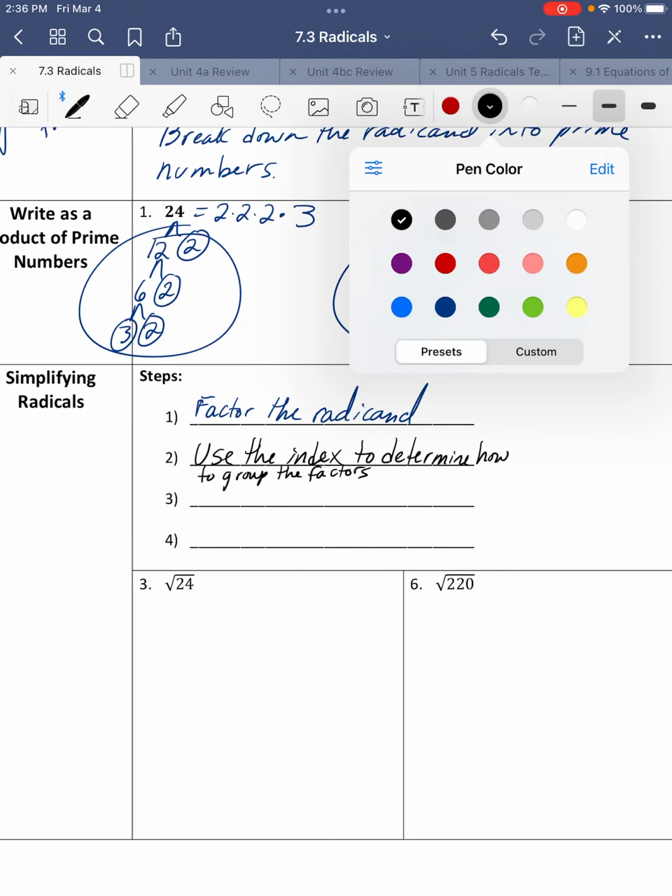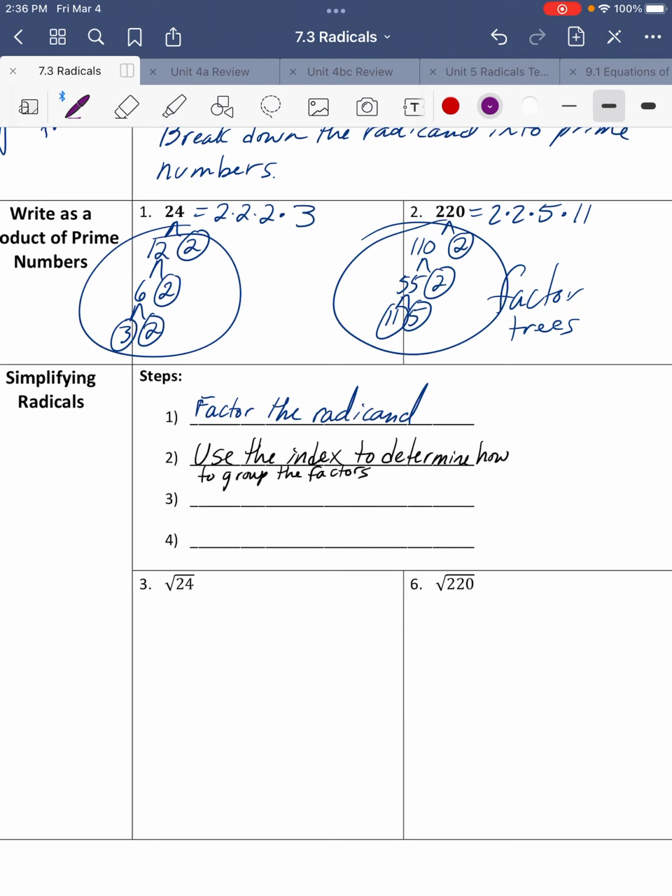Step 3 is, for each group, one factor is going to leave the radicand. And I'll explain this in a bit.